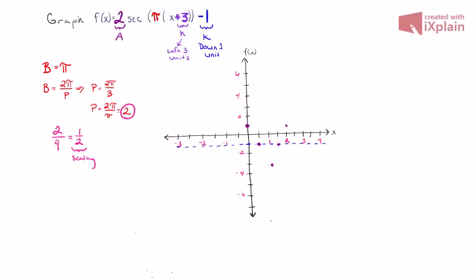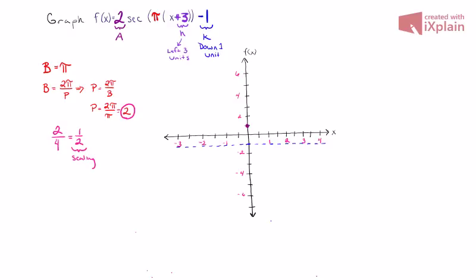But I'm actually getting ahead of myself because I have to take into account the fact that I've moved everything to the left 3 units. So what I did was I was premature. So let me take back those points. So what I'm telling you is that a traditional, or unshifted, cosine function would have started on the vertical axis above the midline.